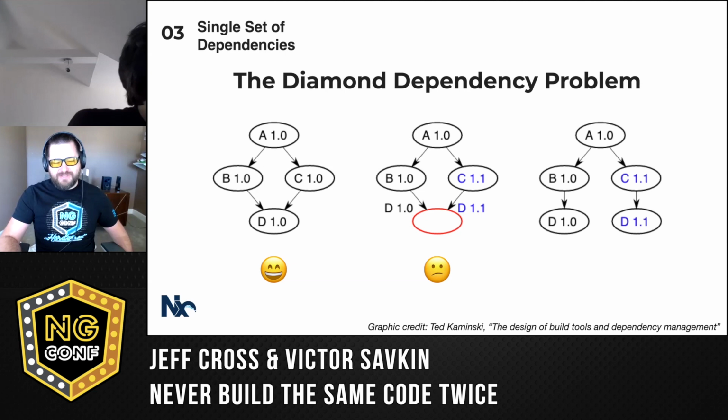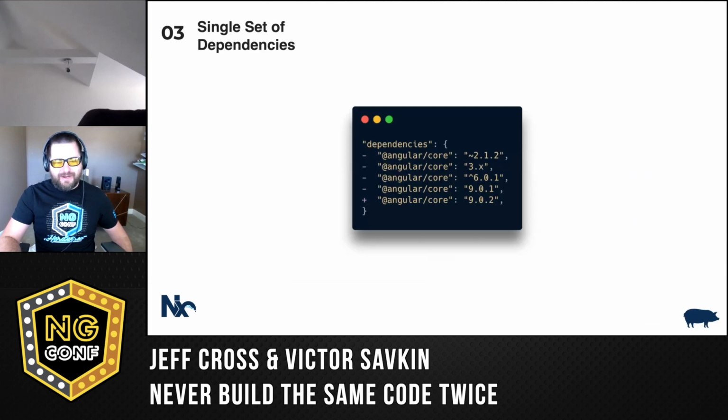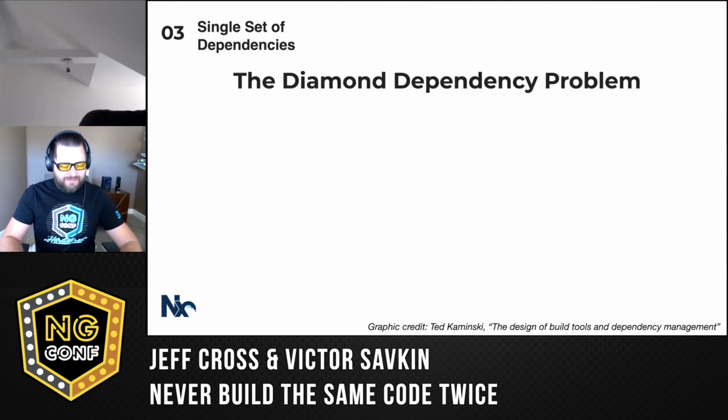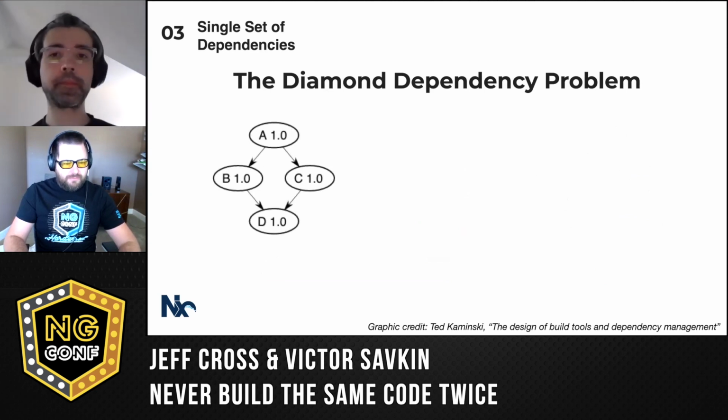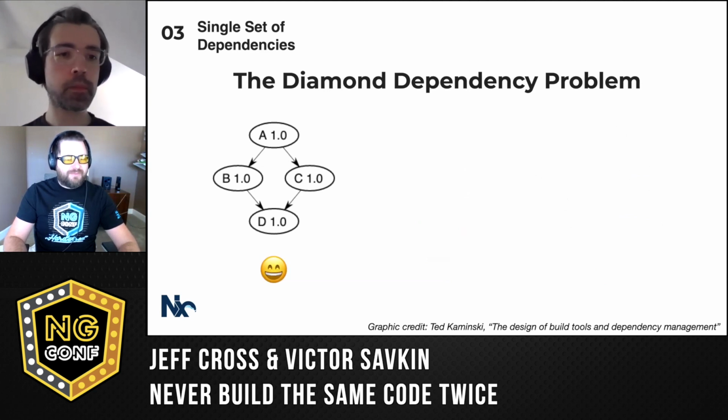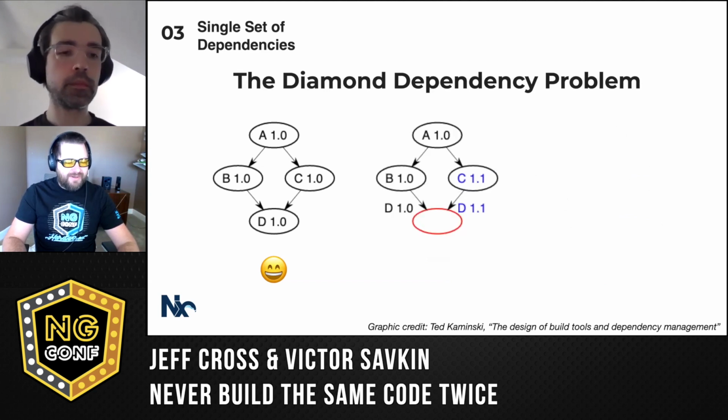But you get into problems. So when you have an application at the top that depends on two libraries directly, and they depend on a third-party library at the same version, everything works fine.